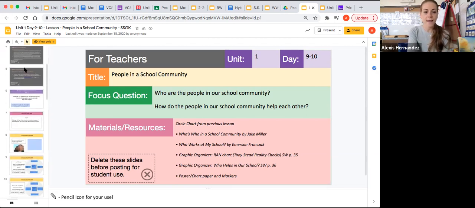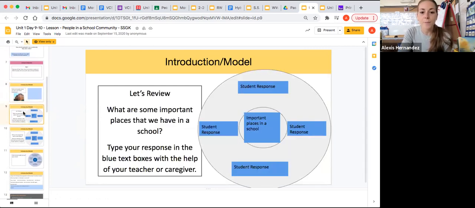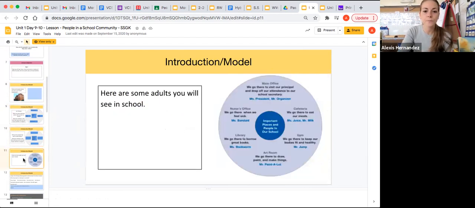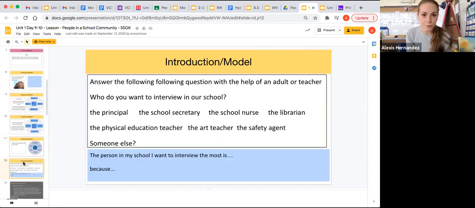And the lesson asks students to begin to look around the school, list out some of the adults and community members they see, think about some of the important places in the school building, think about some of the important people that work in those places, and then get ready to interview one of those important people that they see in the school.